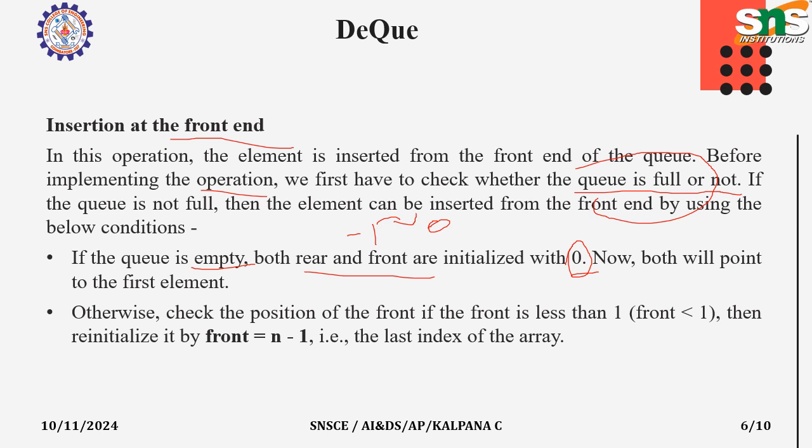And next I have to check the position of the front. If the front is less than 1, that is 0, I have to reinitialize it to n-1. This n-1 is nothing but the last position of the array. So I have to make my front point to the last position.